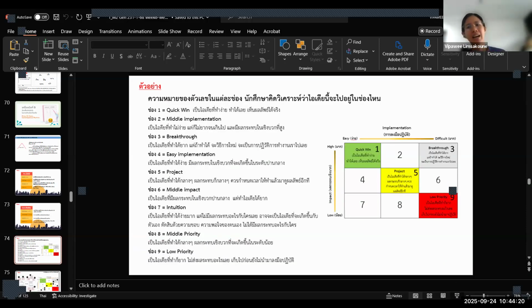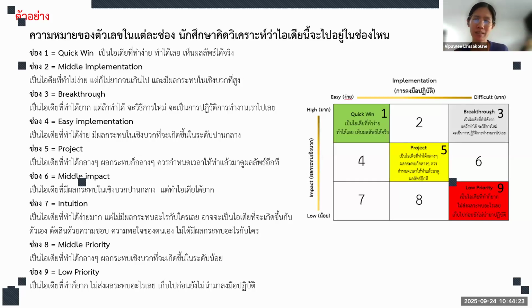Consequence matrix is like a 9-box table. Whenever you see a table or graph, always remember to have axes. This one is the y-axis, and the axis is positive impact.